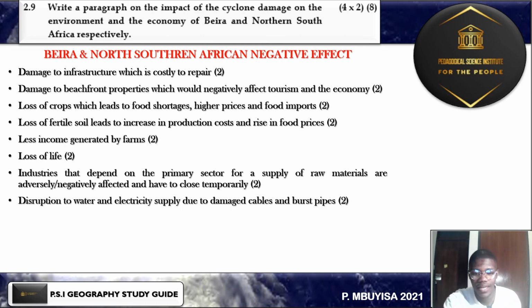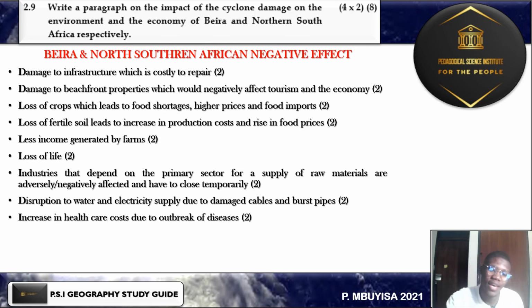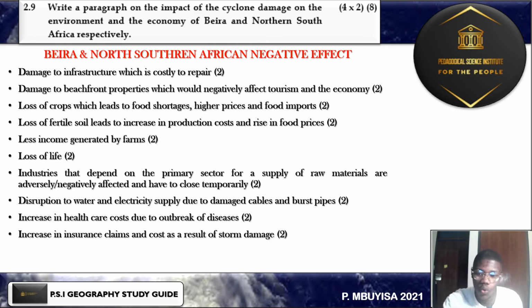And that may cause disruptions of water and electricity supply, as there will be damaged cables and pipes will burst as a result of the system, and it will increase healthcare costs because the demand will be high for health services, so therefore the prices are going to go up.